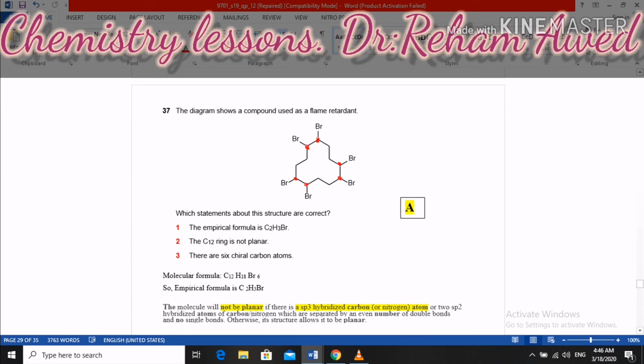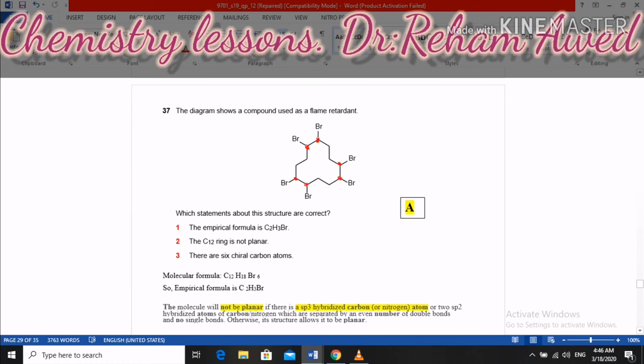For example, this carbon atom is CH2, this is CH, CH, CH2, CH2, CH, CH, CH2, CH2, CH, CH, CH2, CH2. So we are talking about C12H18Br6. The empirical formula is the simplest formula indicating the ratio of each atom. So just divide by 6, and we have C2H3Br. It is our compound.